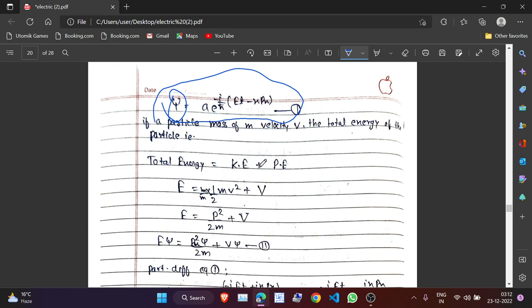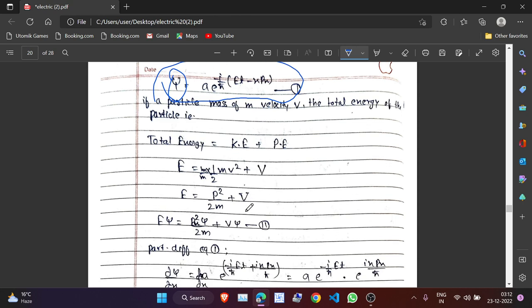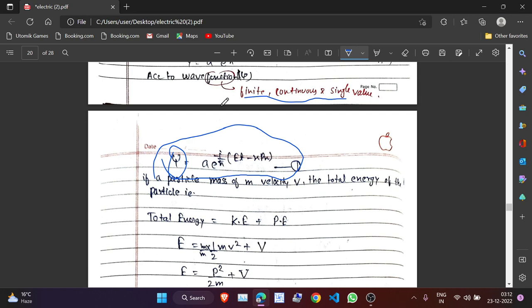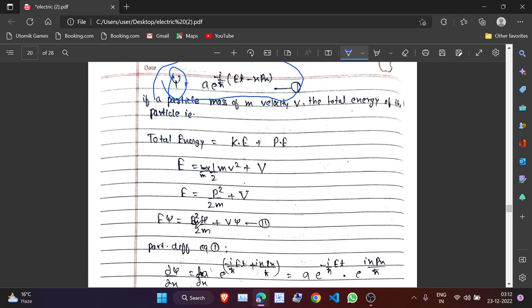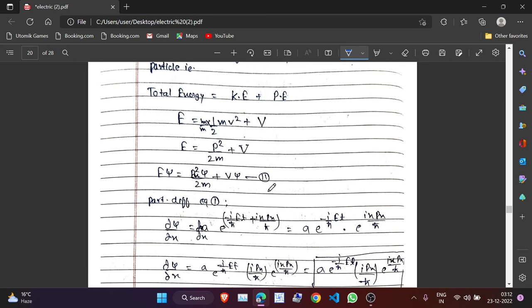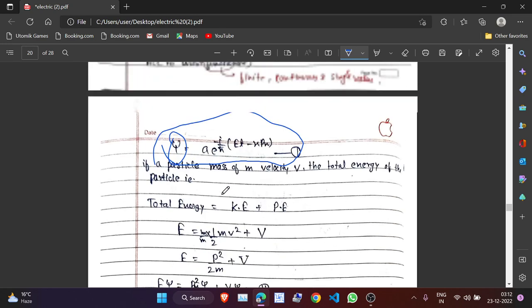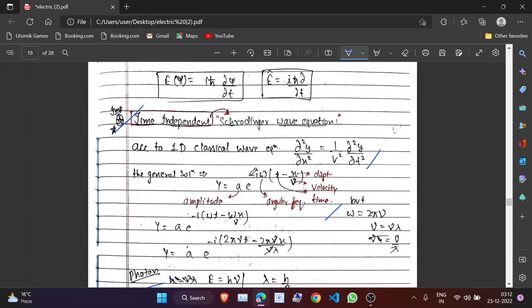In previous lectures we discussed kinetic energy, which we can write as p square upon 2m, and potential energy we write as capital V. As we are discussing wave functions, multiplying both sides by psi, E psi is equal to p square psi upon 2m plus V psi. We take this as equation 2, and the earlier one as equation 1.